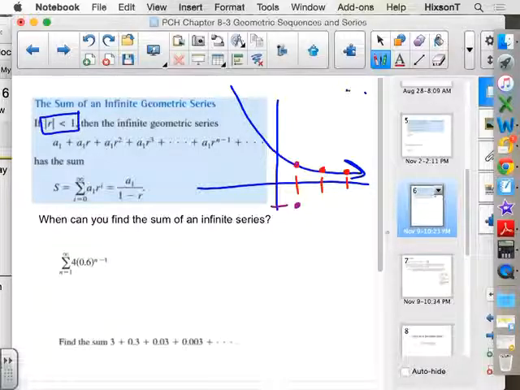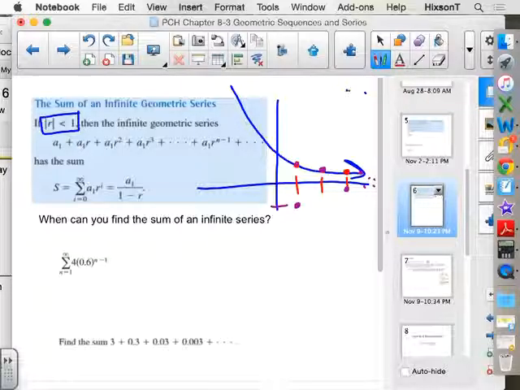But then when you go to a positive 2, the negative is going to be squared, so you're going to be up here in a positive. At 3, the negative is going to be cubed, so it's going to stay negative, and you're going to be down here. It's going to keep jumping back and forth, but it will still continue to converge to 0. It will just be going back and forth, almost like a bouncing ball, and it starts going smaller and smaller.